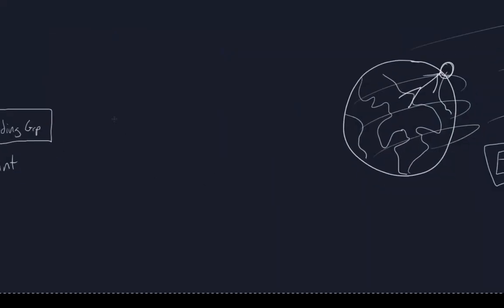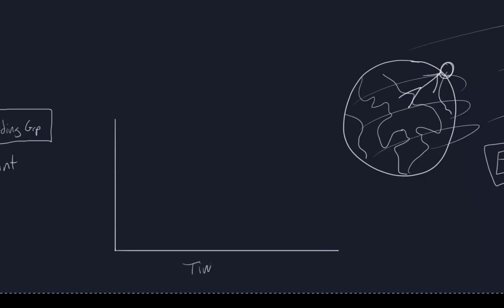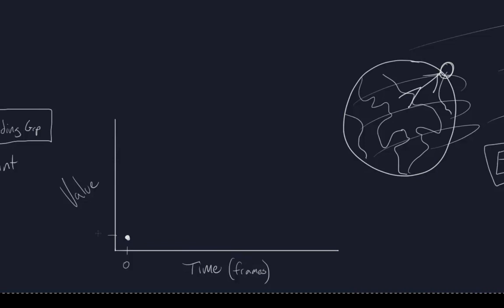The computer offers you a graph where you have time, generally in frames, but not always, and you have some attribute value. And all you do is you set a point, known as a keyframe, saying at this time, which would be 0 in this case, we want an attribute to have some value, which could be 0, could be any value.